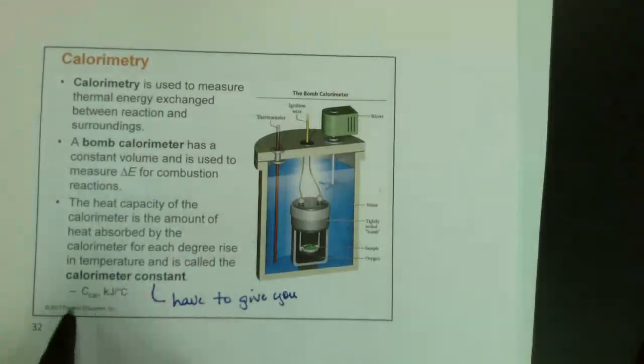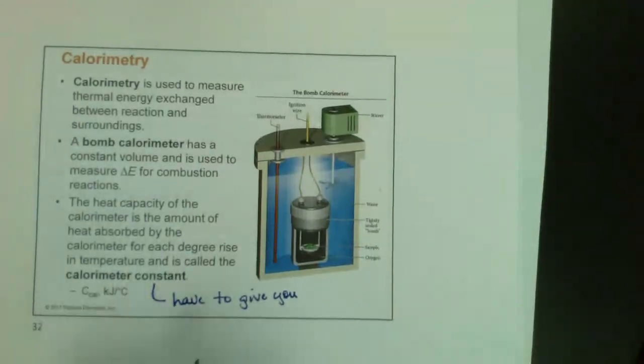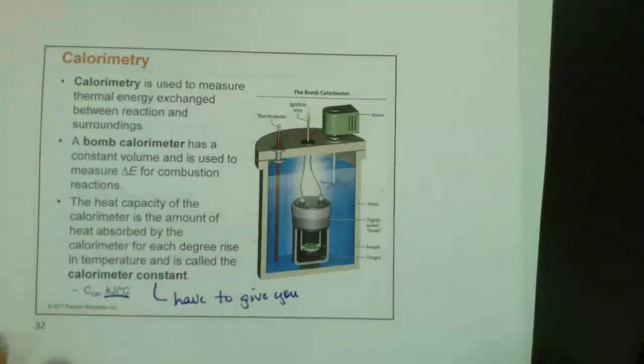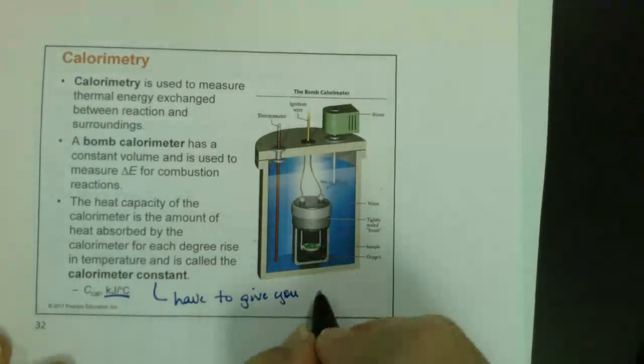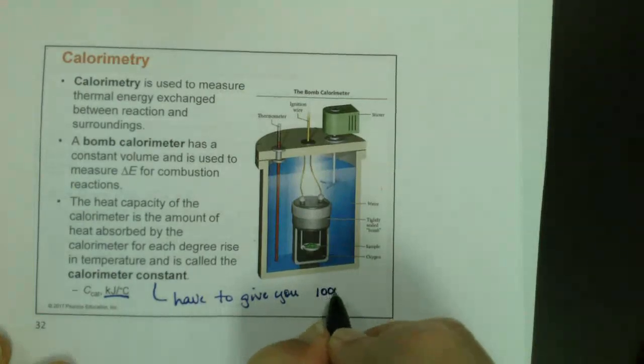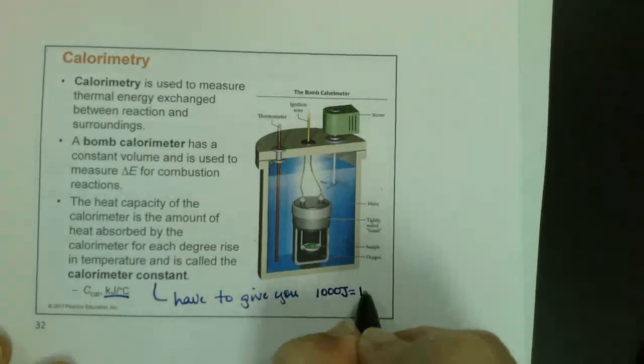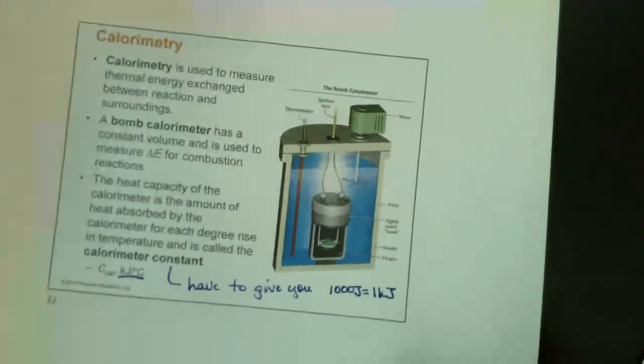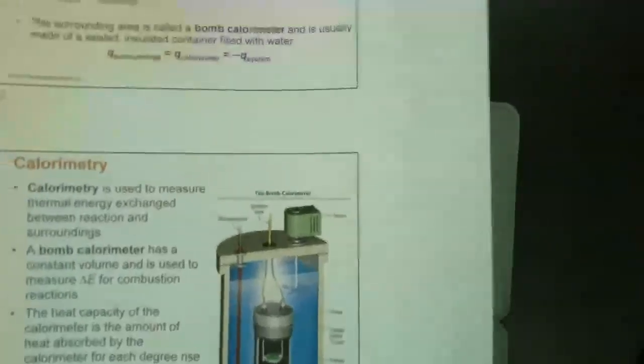Notice with this, the C of the calorimeter, they're just talking about the whole calorimeter, not per gram, not per anything like that. And notice it's a larger value. It's kilojoules. So just a moment of review, there are 1,000 joules in 1 kilojoule, okay? So we're looking at a much larger heat value here. So let's take a look at some problems that utilize a bomb calorimeter.